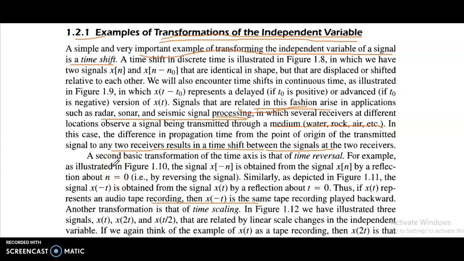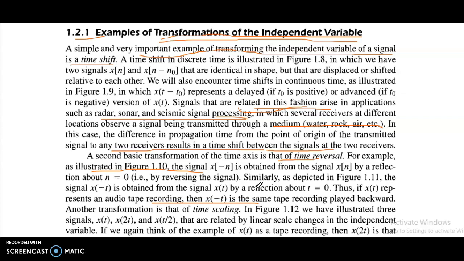The second basic transformation of the time axis is time reversal. For example, as illustrated in figure 1.10, the signal x of minus n is obtained from the signal x of n by reflection about n equal to 0, that is, by reversing the signal.